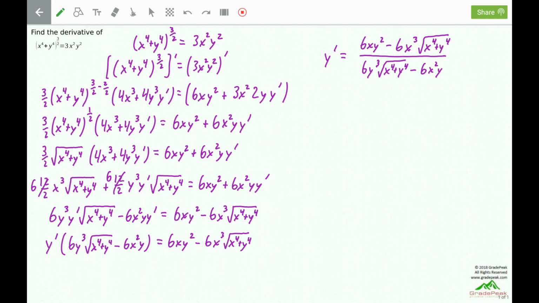There's a common factor in the numerator of a 6 and in the denominator of a 6, and we will want to factor those out because they will be able to cancel. There's a common factor of x in the numerator, and there's a common factor of y in the denominator, but those will not cancel, so there's no sense in factoring those out. Let's factor the 6's out. In the numerator, 6 times, we'll be left with xy squared minus x cubed times the square root of x to the fourth plus y to the fourth.